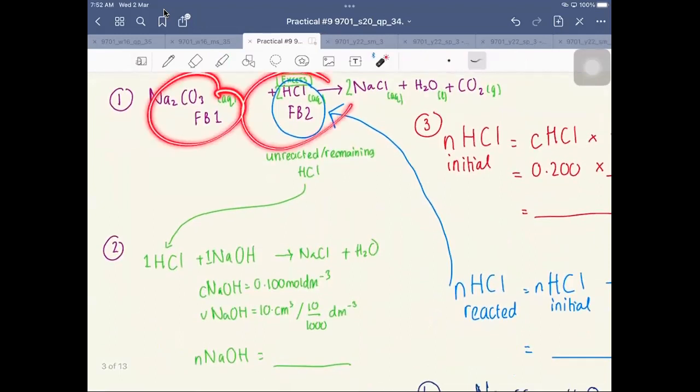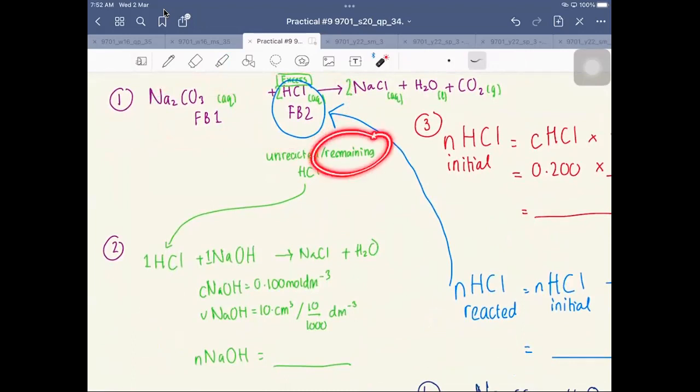Sodium carbonate reacts with HCl, and then in the second reaction, any remaining or unreacted HCl will then be titrated with sodium hydroxide. So when you see the keyword remaining, or reacted further with another reagent, you must remember these 3 things: initial, reacted, and remaining.